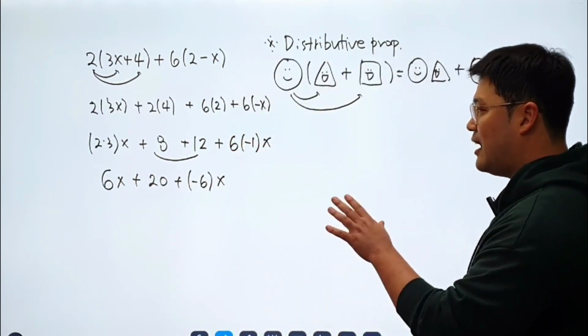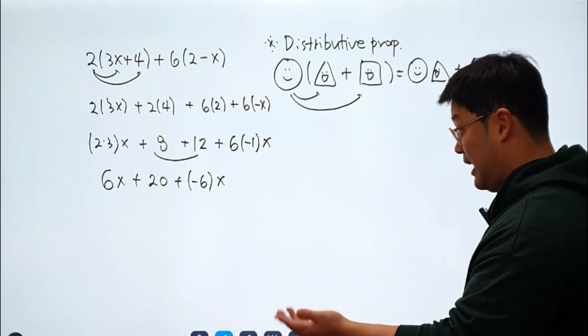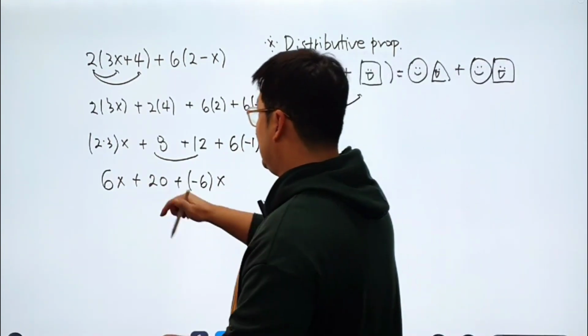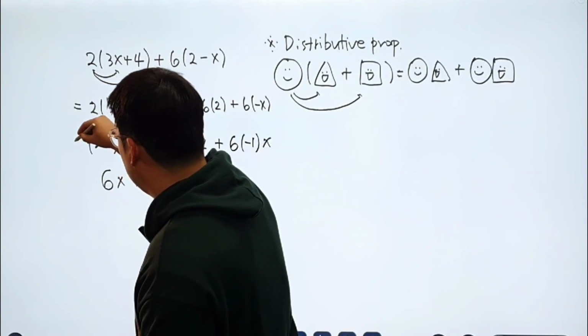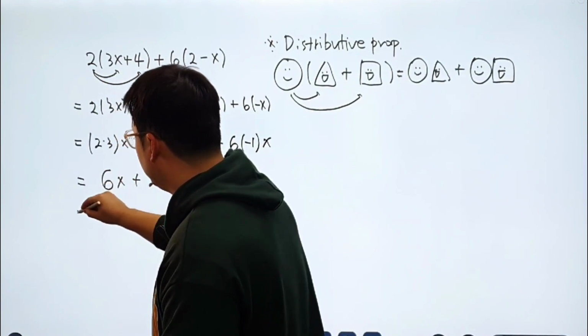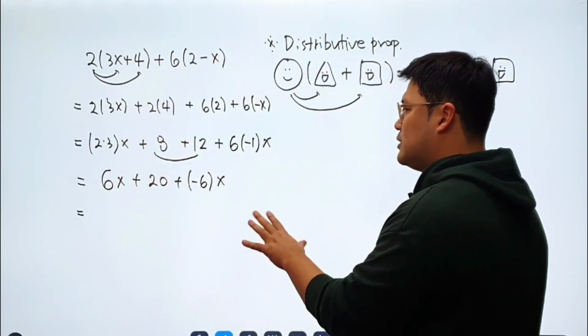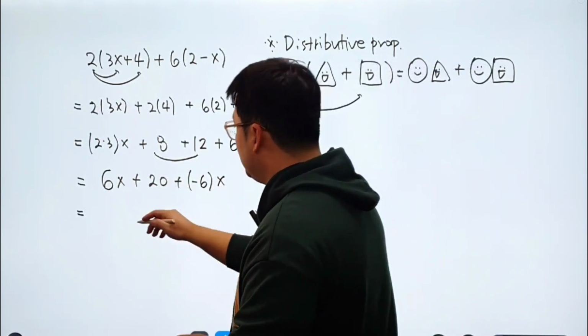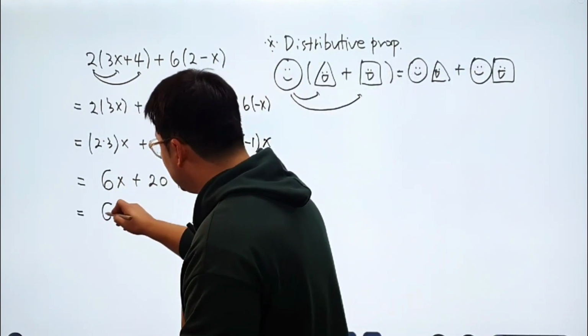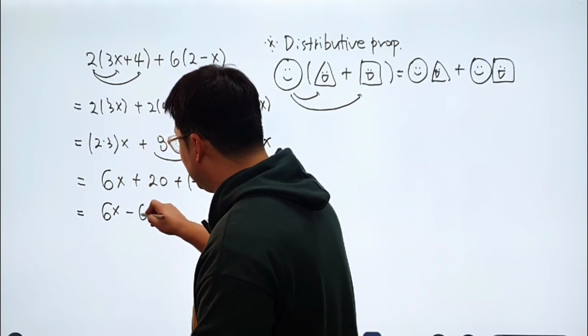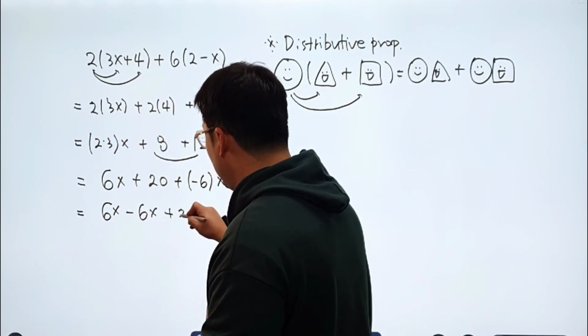All right, so 20 is kind of blocking 6x and negative 6x, right? So we can write it down with the equality sign: 6x minus 6x plus 20.